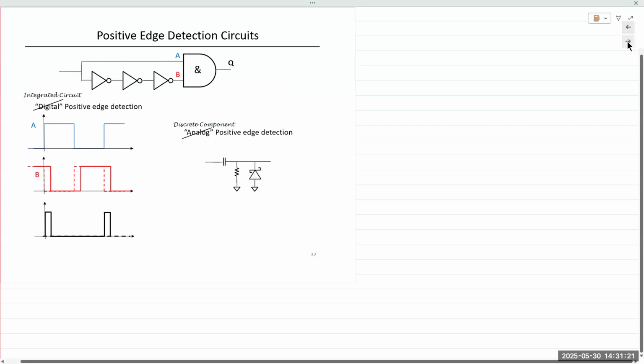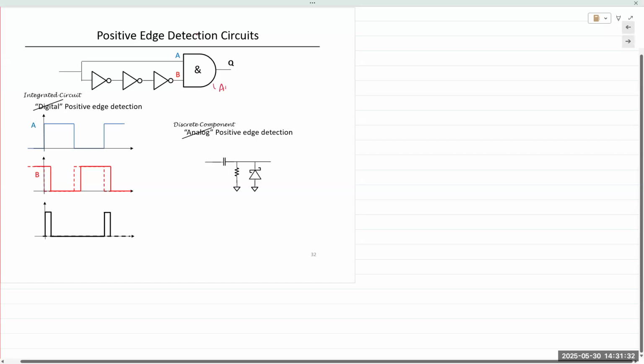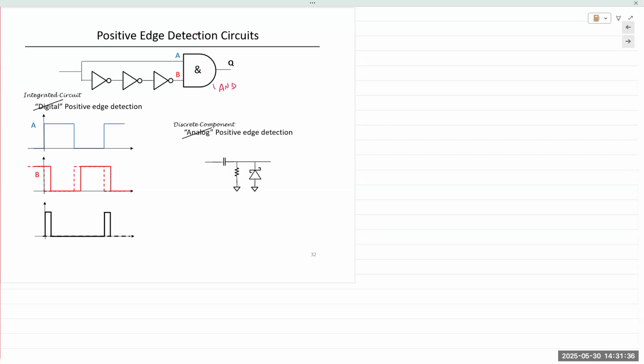We can also create, as an example of another circuit, positive edge detection circuits. This kind of circuit is simply comprised of an AND gate. And the output of an AND gate is logic 1, or logic high, only when both inputs are connected to logic high, right?